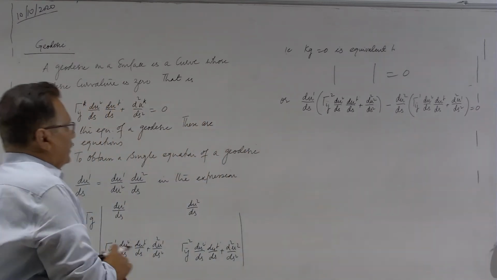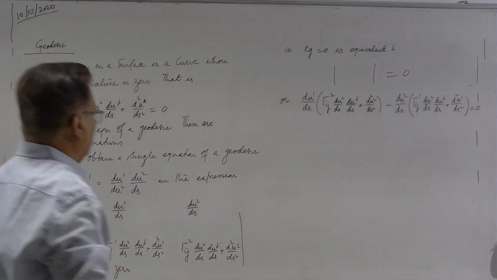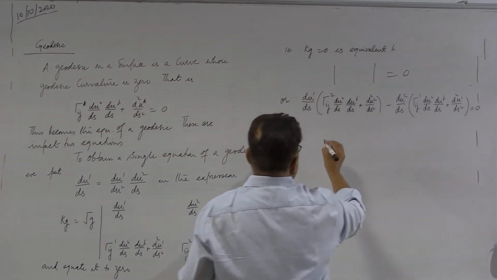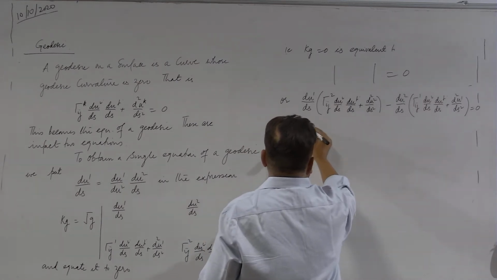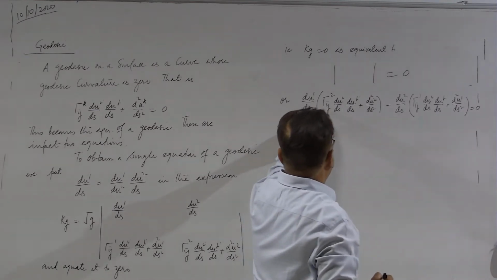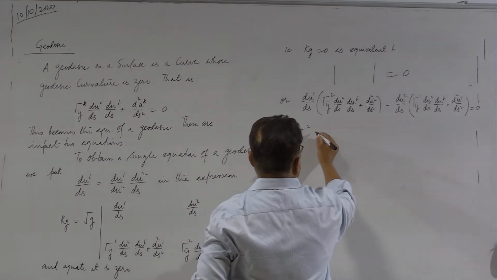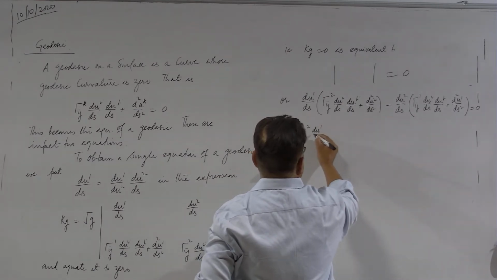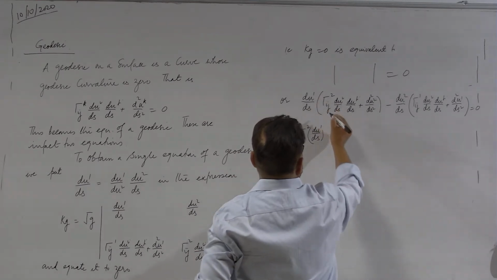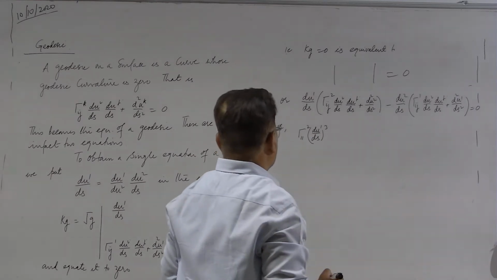Okay. So, what we have to do? We have to just simplify this expression. So, 2 times gamma 2 ij will run from 1 to 2. So, it will be gamma 2 11 into (du1/ds) whole square, and this du1/ds is multiplying, so it will become cube. Okay.